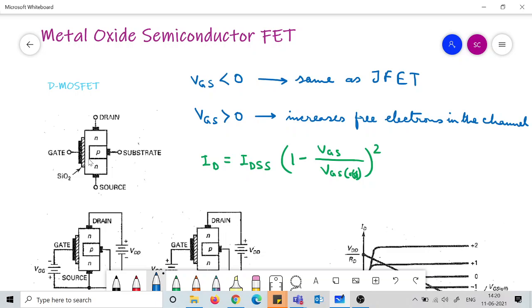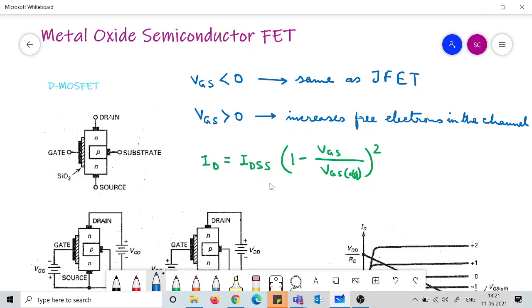And fortunately for us, the current in the positive region of VGS as well as in the negative region of VGS follows the same square law that we studied for the JFET. So we don't have to study anything new, we just have to understand the working principle. The same square law is applicable to get the drain current, with IDSS being the drain current when VGS is short circuited.